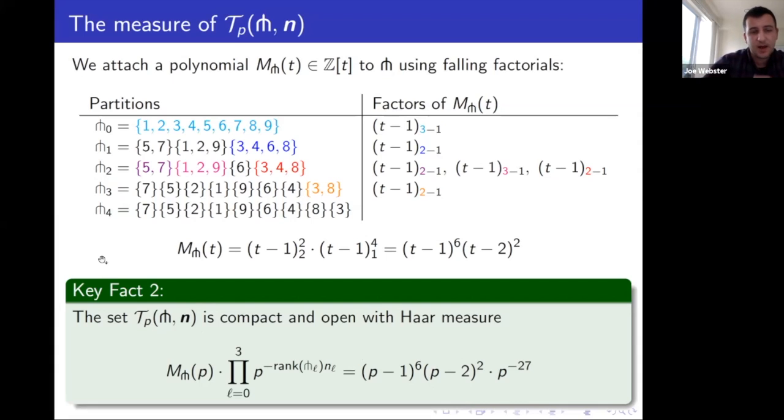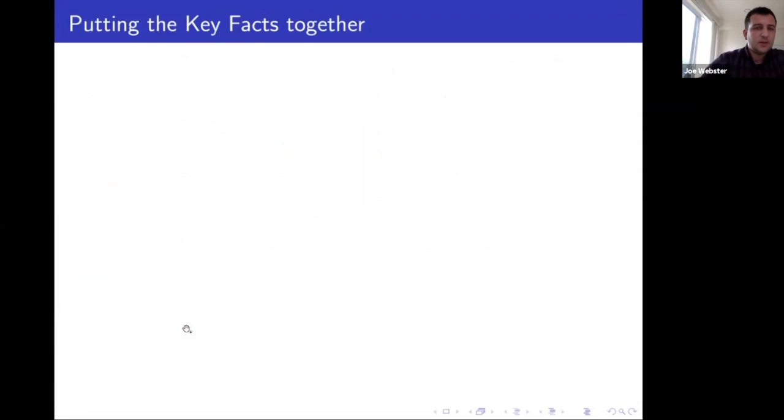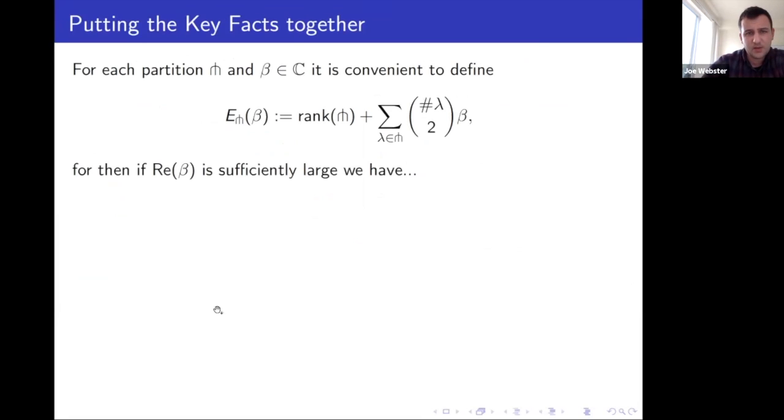Okay, so we know the value of our integrand on each of these sets, and we know the measure of each of these sets. So it remains to put these key facts together. To make this simple, I want to define the exponent, which I will call the exponent later, to be the sum of the rank that we saw in the exponents before, and then this other sum of size of parts choose 2.